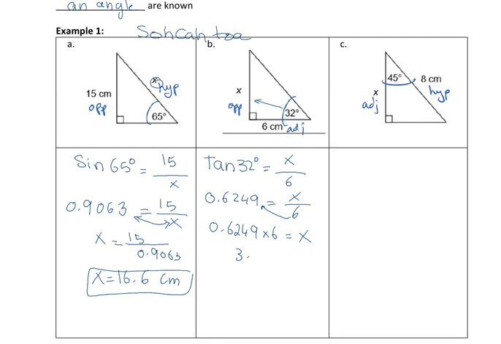Okay, so it's going to be 3.7, right? Because since after the 7 I have a 4, then I keep it the same. And it's going to be in centimeters, and that equals x.